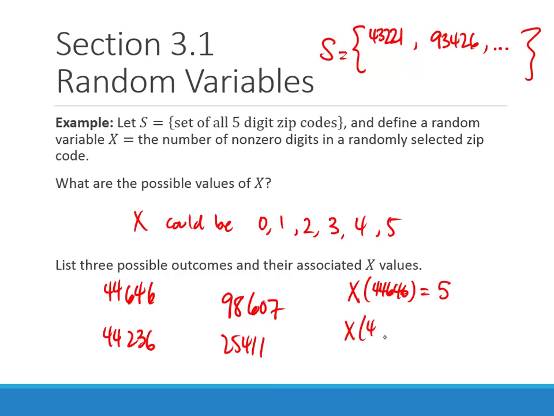Similarly, the second one that was said has 5 non-zero elements there. 98607. Now we just have 4 of them that are not 0. And the last one also has 5 non-zero elements.